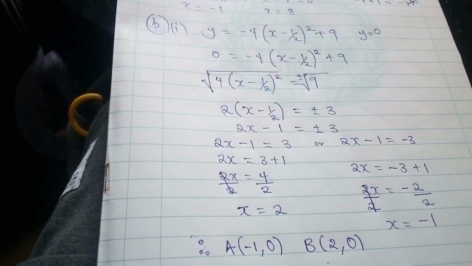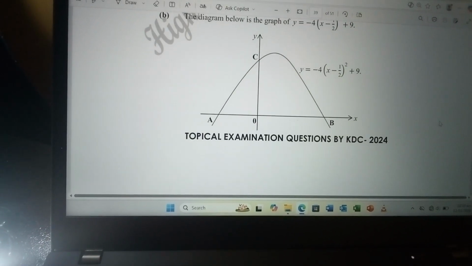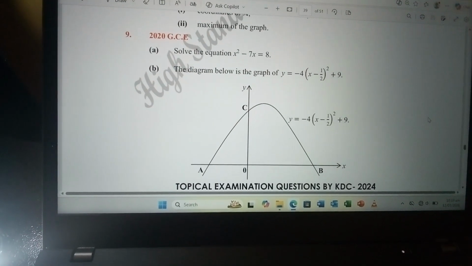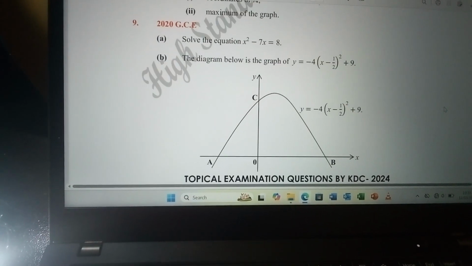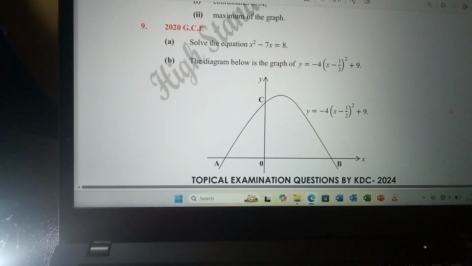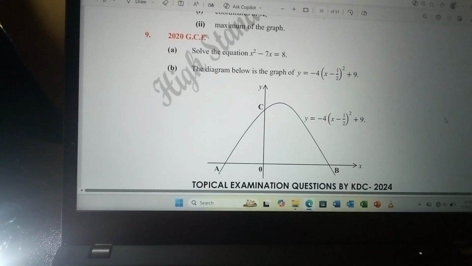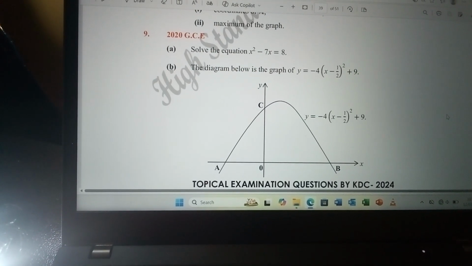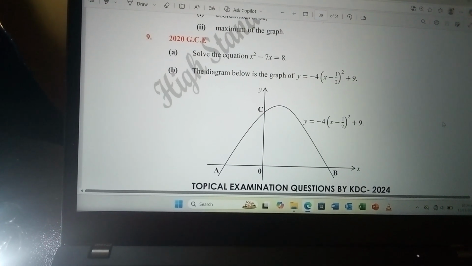So we proceed. They are saying we find the coordinates of c, and if you look at this parabola that we have been given, c is on the y-axis, and we all know that if anything is on the y-axis, it means that the value of x is 0.